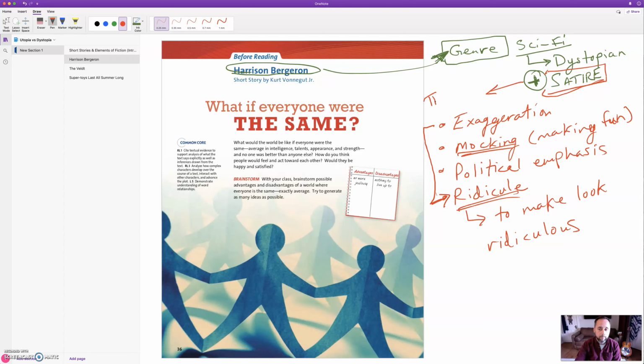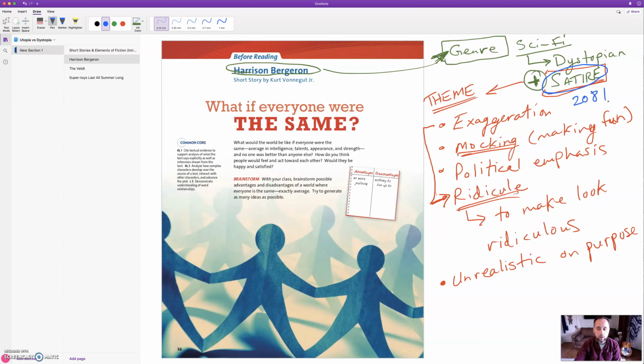And what you're going to find in satire is it's very unrealistic, but it's unrealistic on purpose. So you'll notice a huge difference between the movie version and the short story version. The movie version almost totally misses the point of the satire.